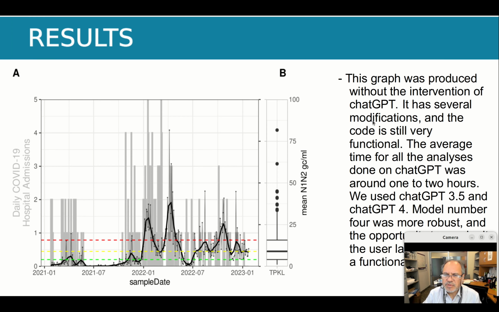As you can see, there are multiple layers all on top of each other, giving information on the concentration of COVID-19 in wastewater, the different cutoffs where we consider it higher or lower, and it's based on the distribution of the copies per milliliter over time.